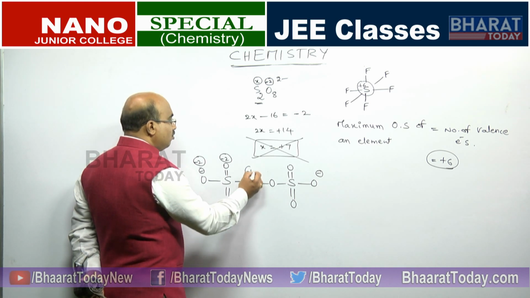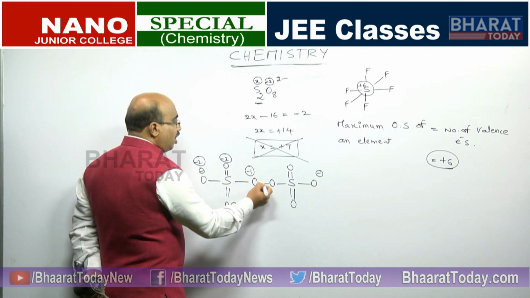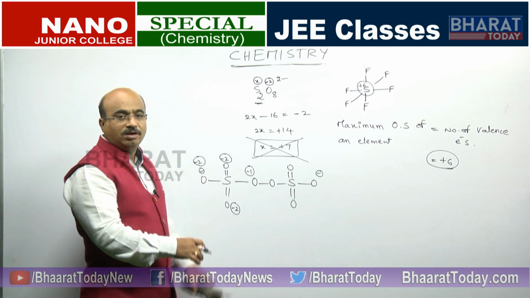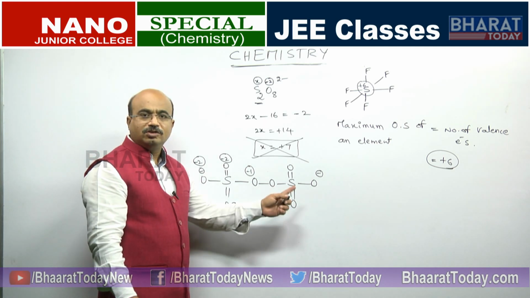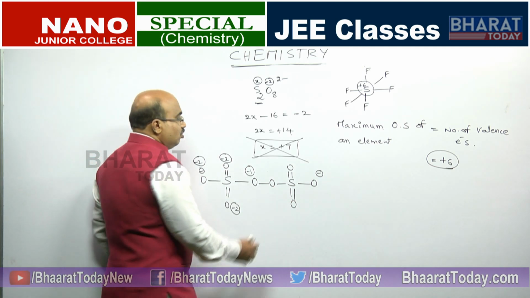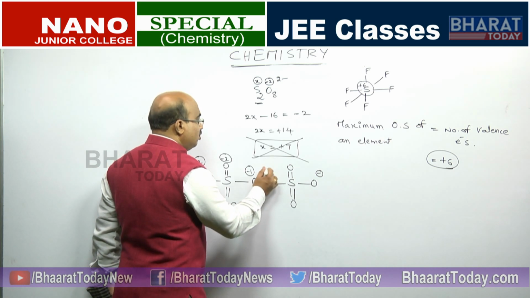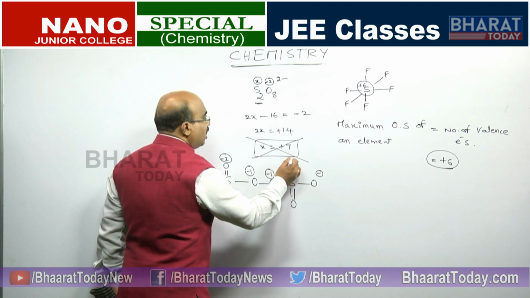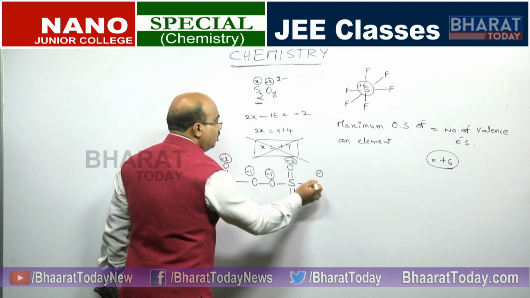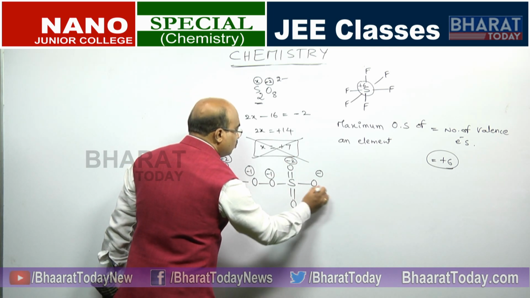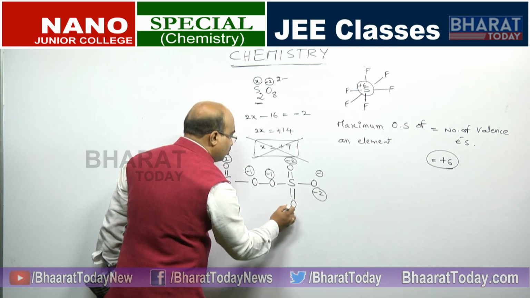So, here it is -1, but this bond will not move, because it is between oxygen and oxygen. So, this is again -1, or this oxygen atom -2, this oxygen atom is also -2, this oxygen atom also -2.